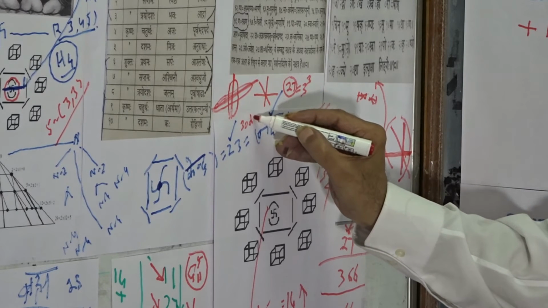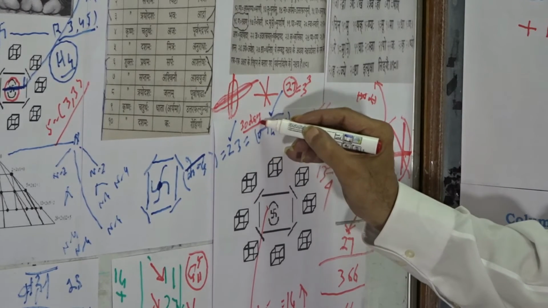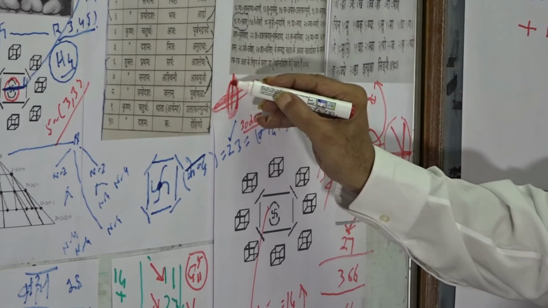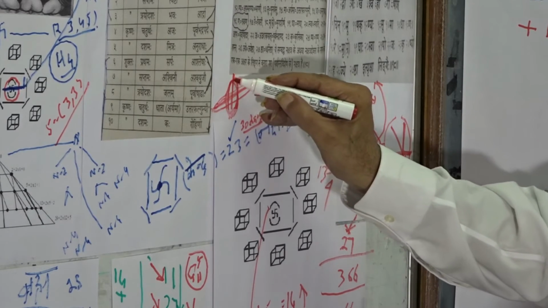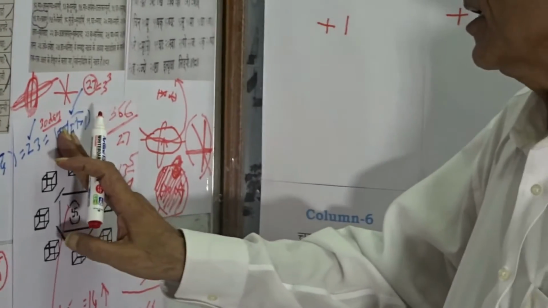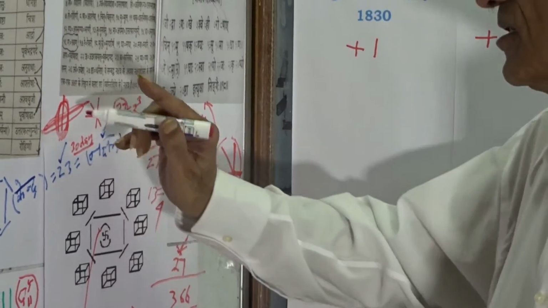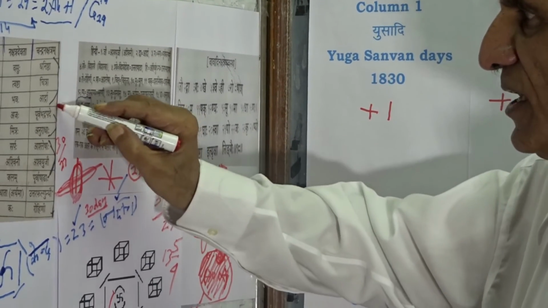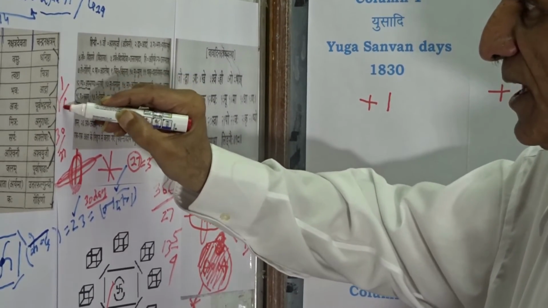One motion, one revolution of the moon around the earth is of total duration of 30 days. This 30 days coverage is by 27 nakshatras. As such, 30 over 27 leads us to value 1 plus 1 over 9.